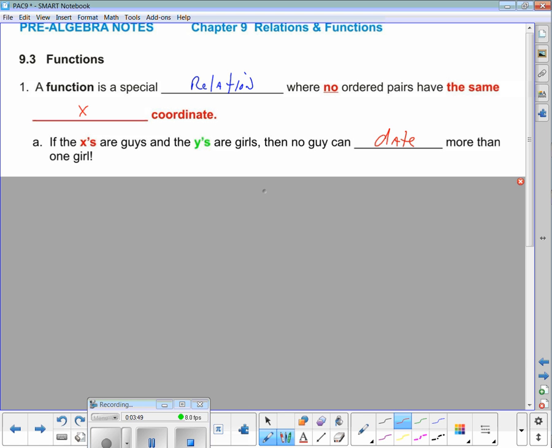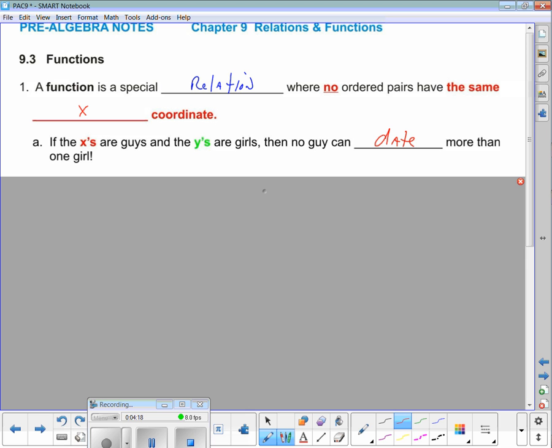No guy can date two girls in real life because all girls do is spend their time talking about who's dating who and who likes whom. That's all they do. They talk about it all the time. And if any guy is dating two girls, surely it will come out in their conversation and the guy will be nabbed and he'll be in trouble. It happens every time. It just doesn't work. A guy can't date more than one girl. They're always found out all the time.